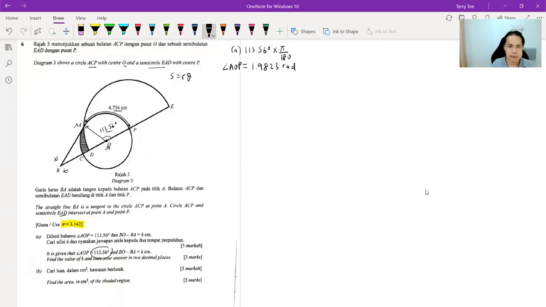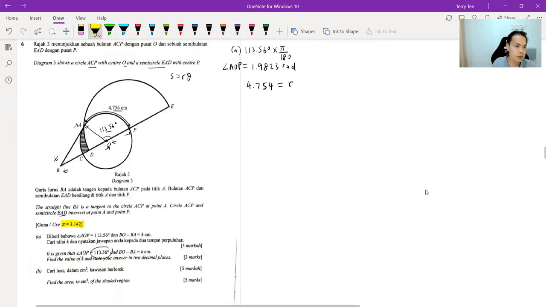Once you know this angle, we can use S equals R theta. Your R is the length of OP, which is the radius of the sector, not the semicircle, the sector of the smaller one.